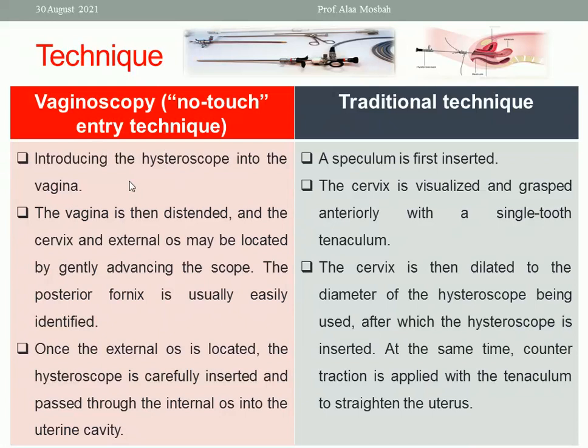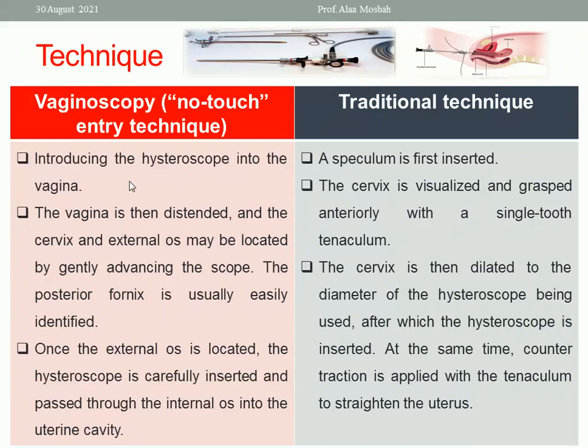And the cervix and external os are located. Also, the posterior fornix is identified. When you reach the external os, the hysteroscope is carefully inserted and passed through the internal os into the uterine cavity. This is called vaginoscopy or no-touch entry technique.